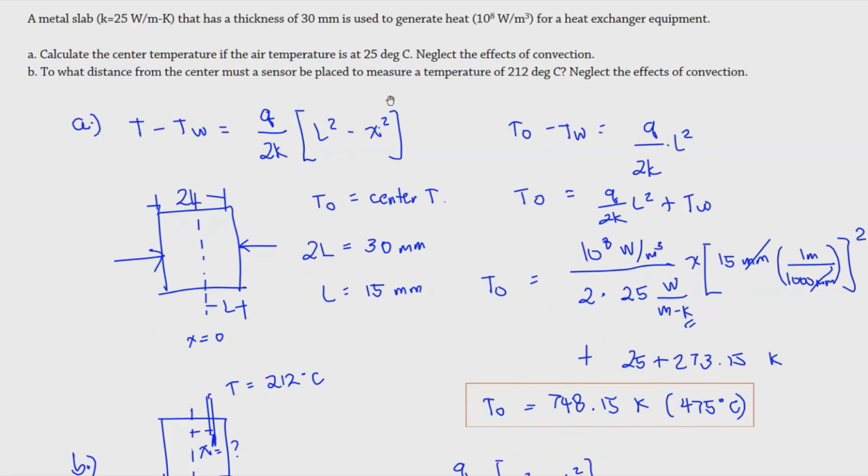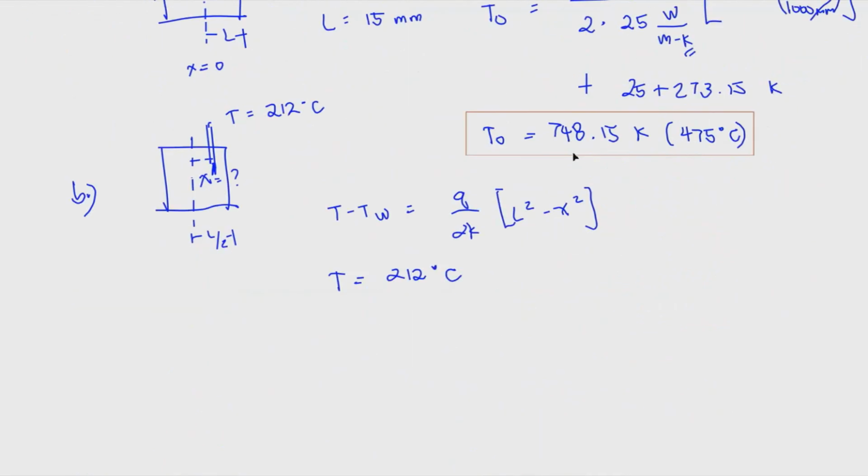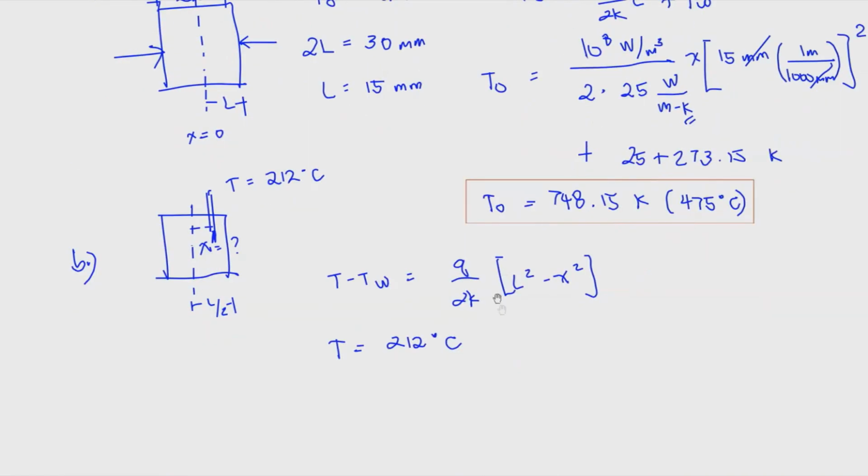The air temperature should also be 25 degrees Celsius. Let me add it first. So the air temperature is at 25 degrees Celsius. Never mind, it's already included here that we need to neglect the effects of convection.